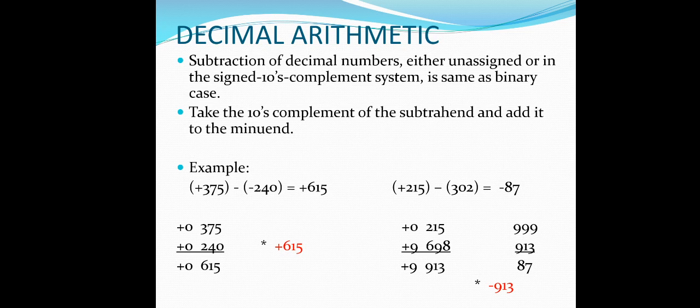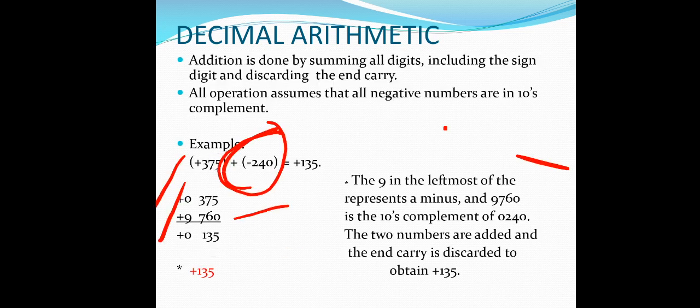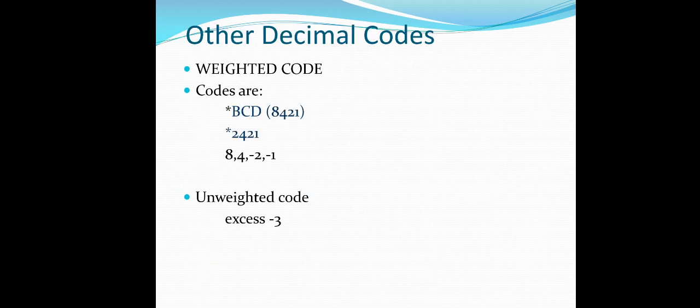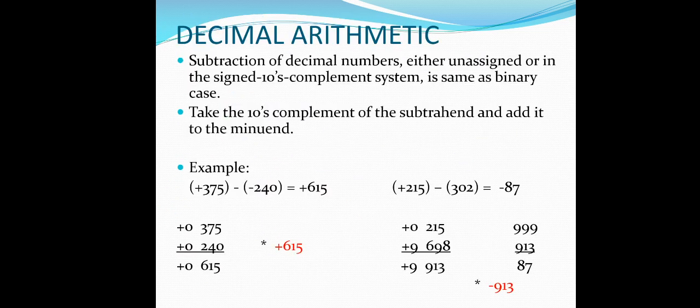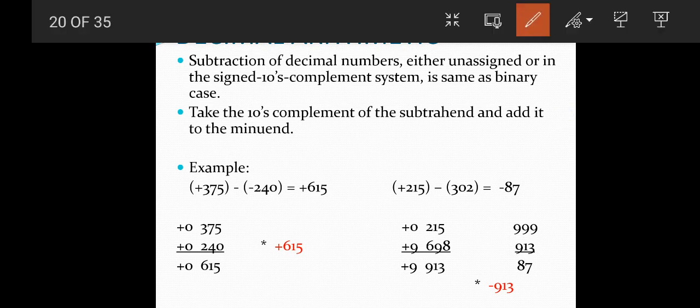Again, the representation of your positive is plus 0, and since it is positive, you have positive 375. Positive 375, that's why my representation is plus 0,375.